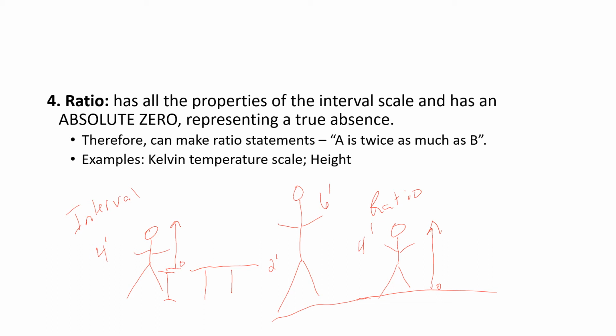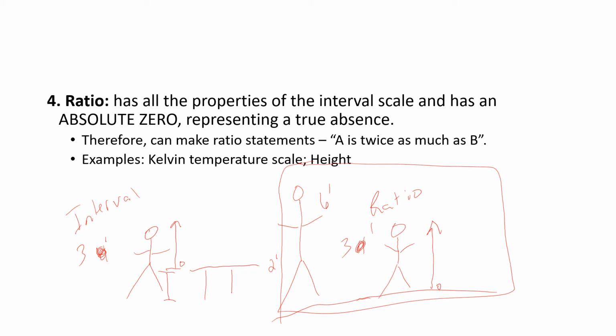However, when we're looking at it over here, let's actually look at it. Let's change this 4 foot tall person to a 3 foot tall person, just for these ratios. Is the person that's 6 foot tall twice as tall as the person that's 3 foot tall? From our ratio, we can say, and that's why the term is ratio, because we can make ratio statements, the person who's 6 foot tall is twice as tall as the person who's 3 foot tall.